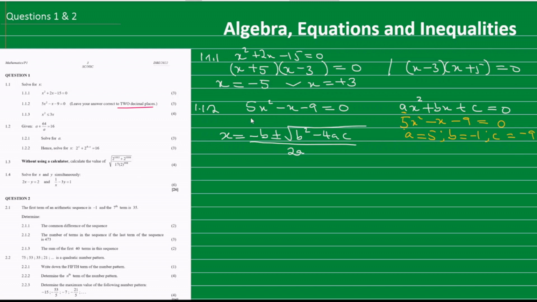The quadratic formula uses the fact that we are going to substitute these values, 5, negative 1 and negative 9, into this formula for us to get x.